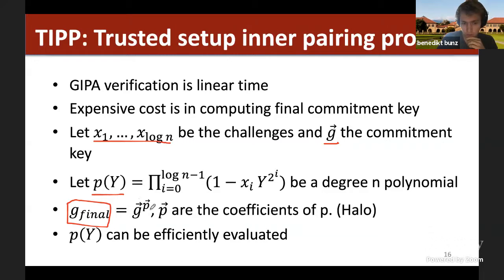So computing g to the p takes time O of n, but P of y can be efficiently evaluated. Evaluating it at any point z only takes time O of log n.